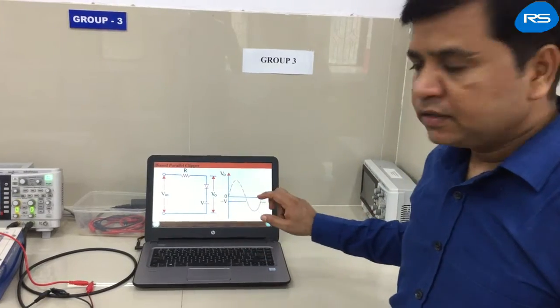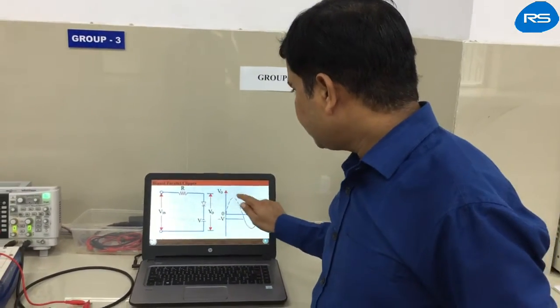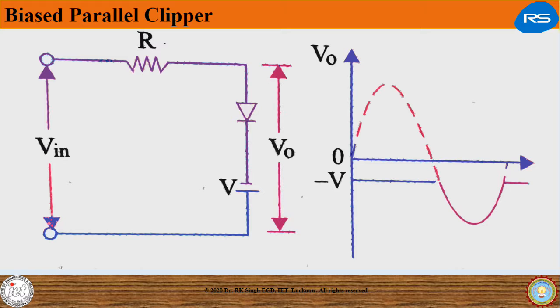We have another biased parallel clipper. Here we have a resistance, a diode and a DC power supply connected in this manner. When Vin is less than this DC bias voltage V, the diode conducts and we get output like this.